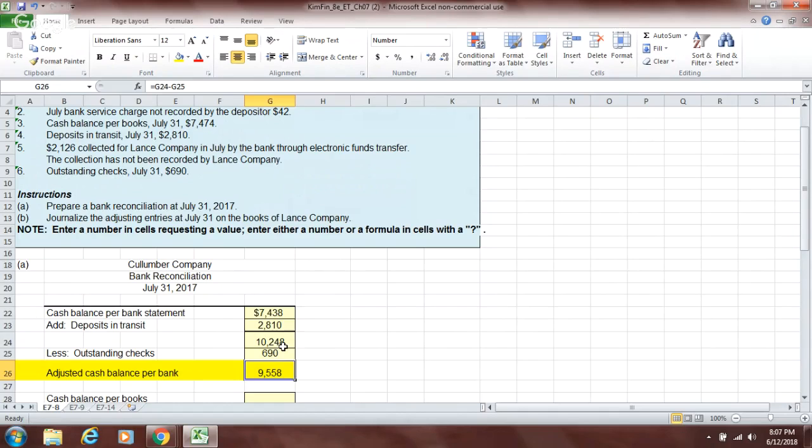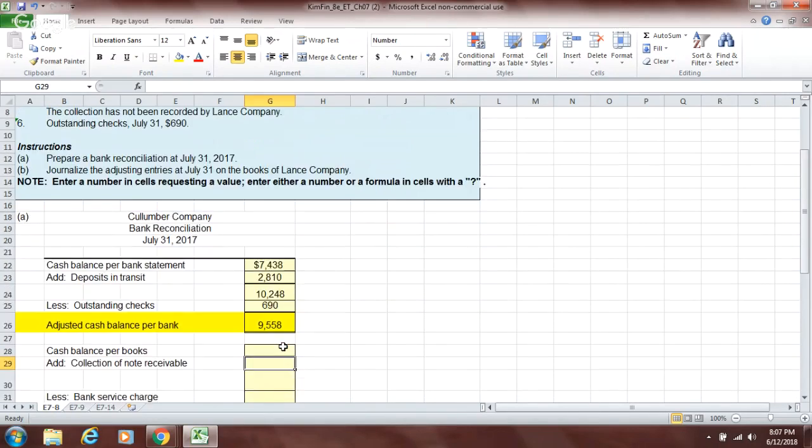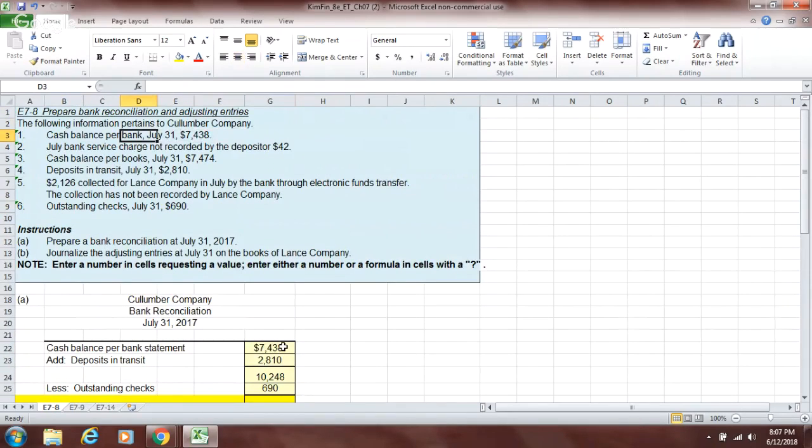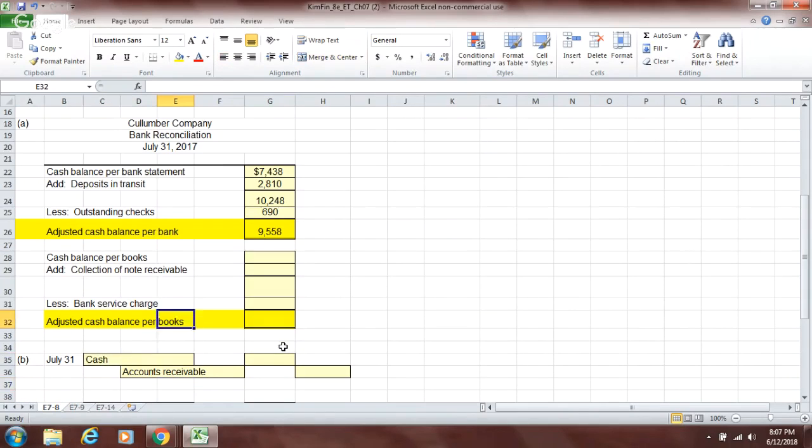So we're going with our books information. To this, we have to find the cash balance per books. If we see in item number 3, we have this information. It says that we have 7,474 that we have to put in here. We have to add any money the bank had collected.